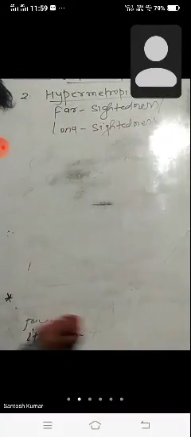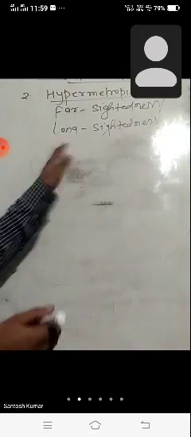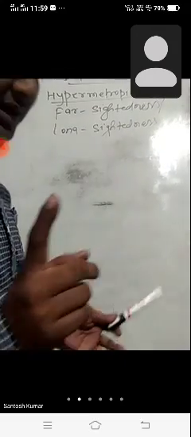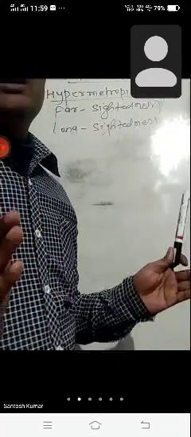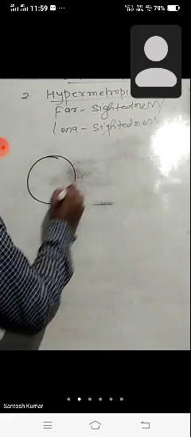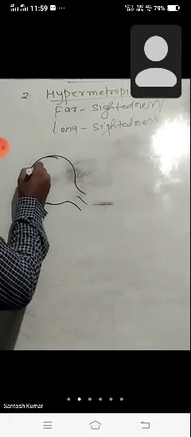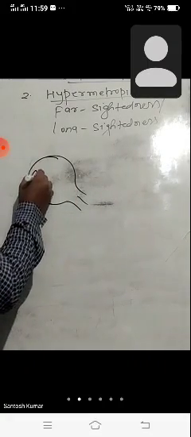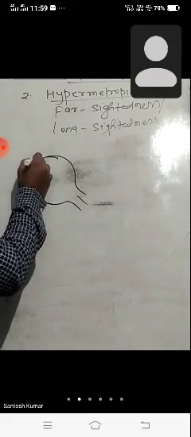Now we will draw the diagrams, three diagrams that will denote the variation. First of all, the simple normal human eye, second the defected eye, third the corrected eye. So just see the diagram. First, this is the normal human eye, in which convex lens, ciliary muscles here, retina.